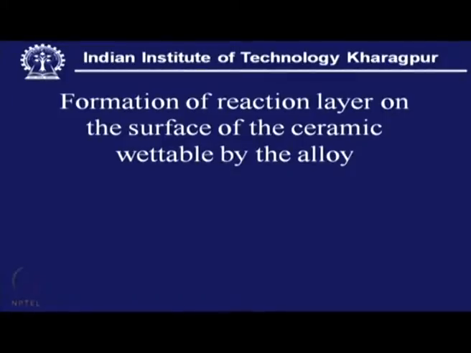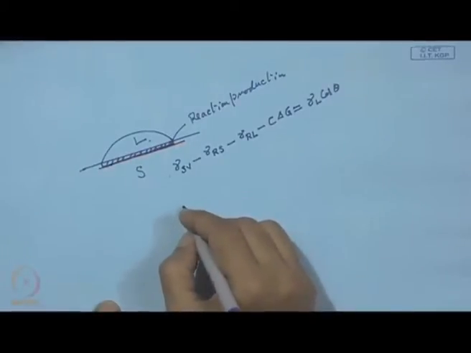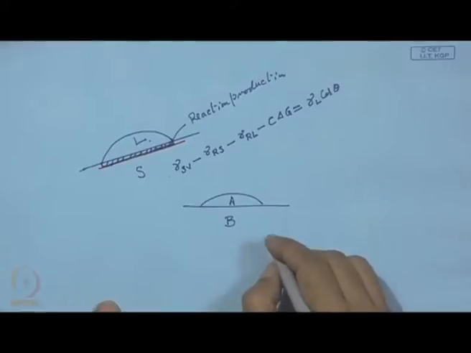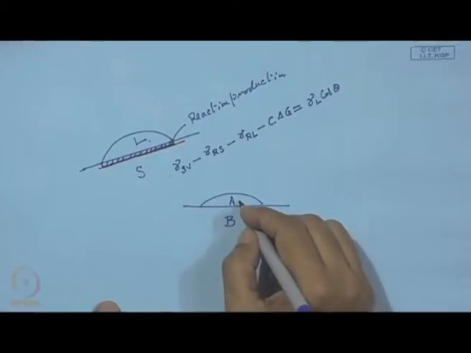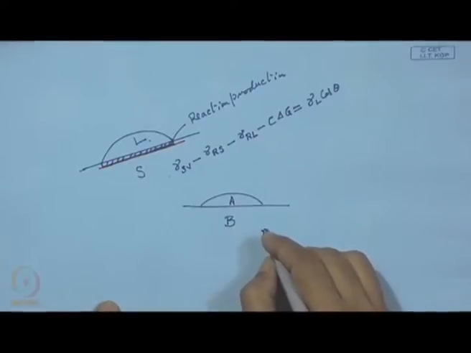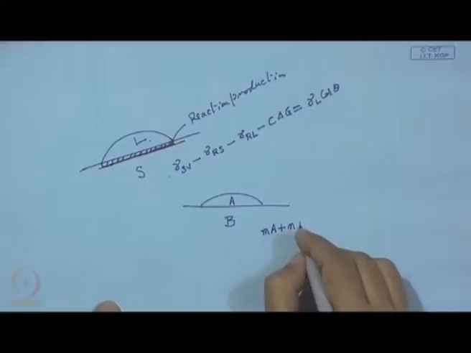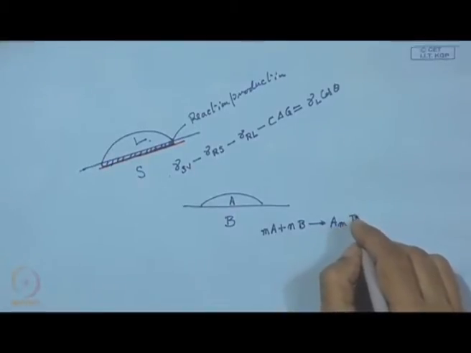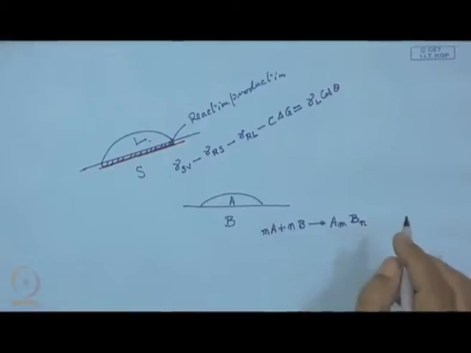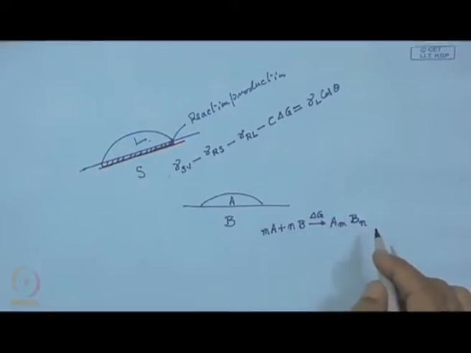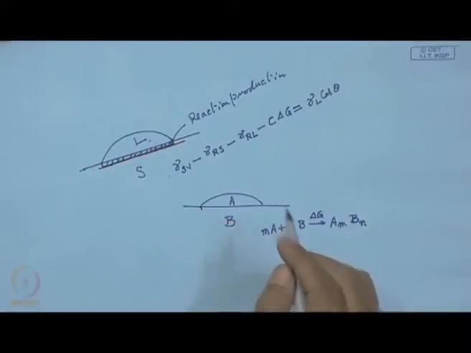That means, if we consider simply, for example, the liquid A and here we have a solid B, then this liquid A having some kind of reactivity must react with B. So, it can be put in the general form MA plus NB, that will give a compound with the suffix M for A and suffix N for B. If it proceeds in this direction, obviously there is going to be a decrease in free energy of the reaction, and this reactivity will keep on going.